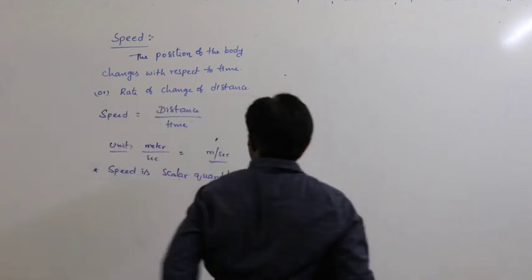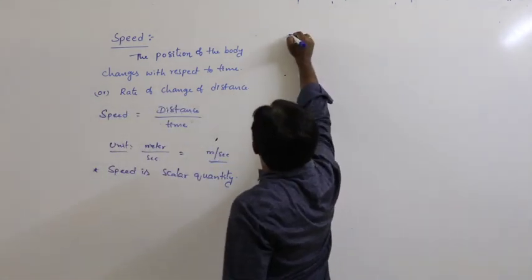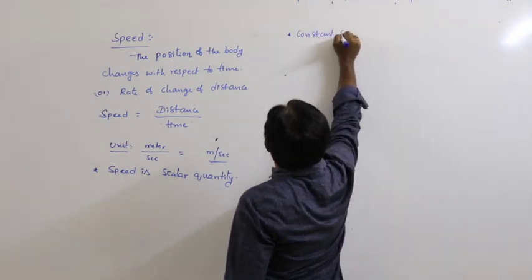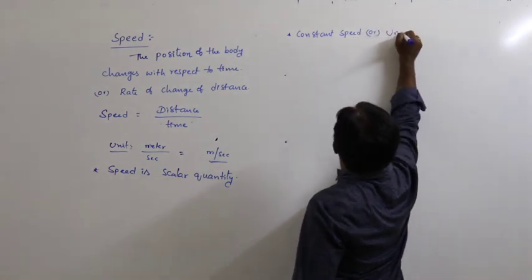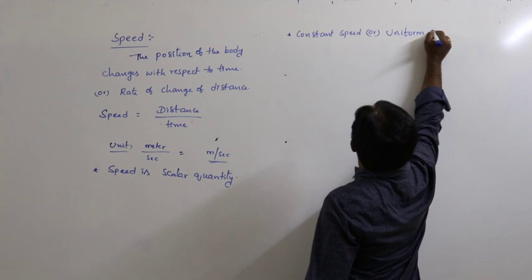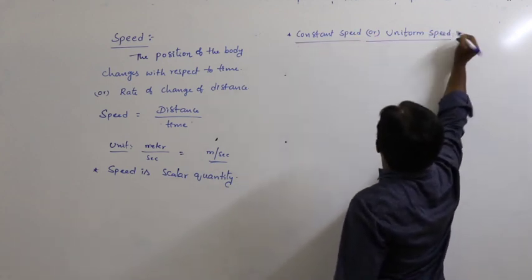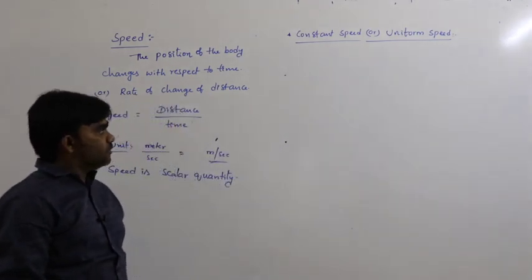And we have different types of speed. Constant speed, or uniform speed. How can you define constant speed or uniform speed?